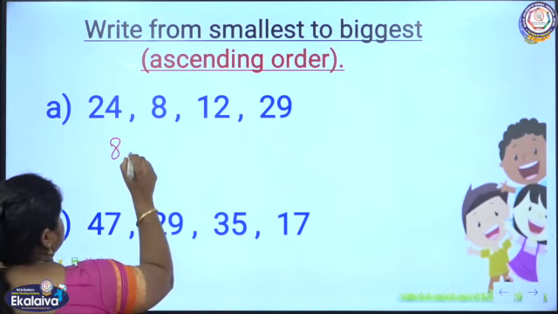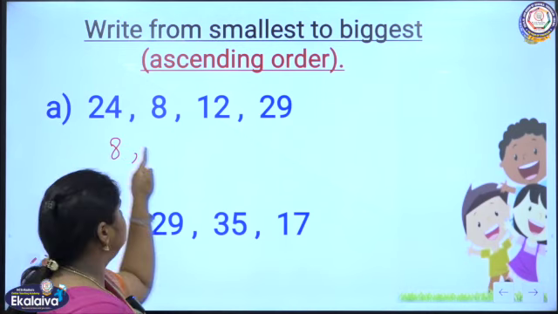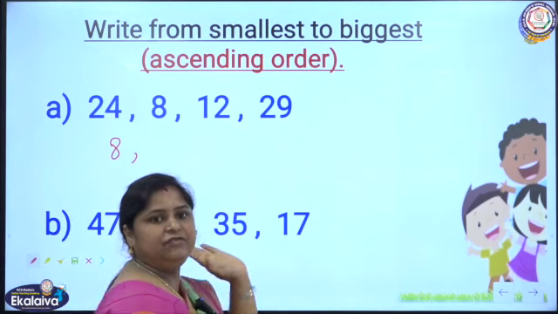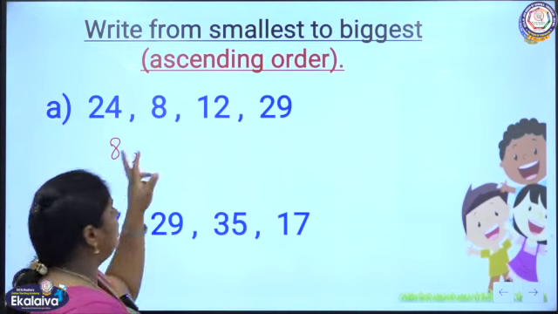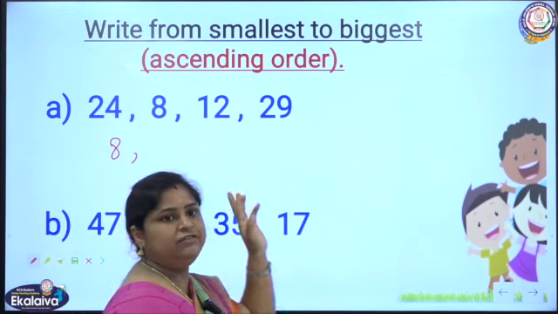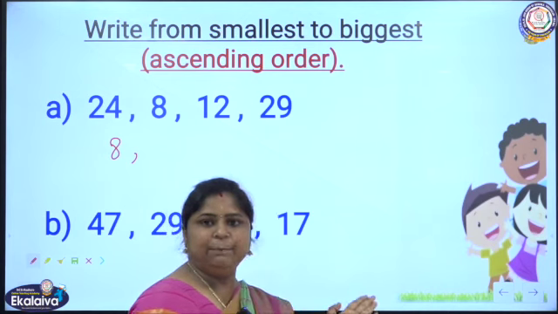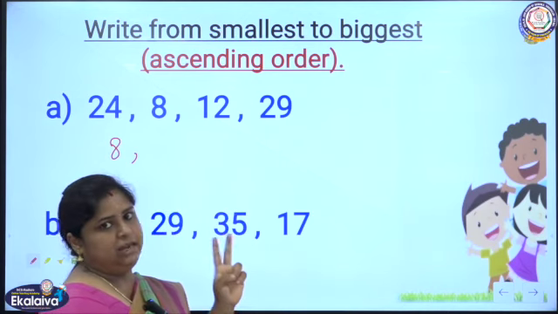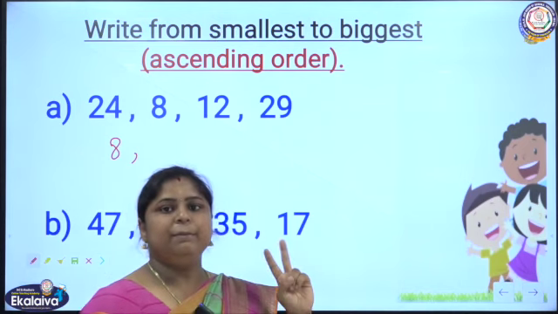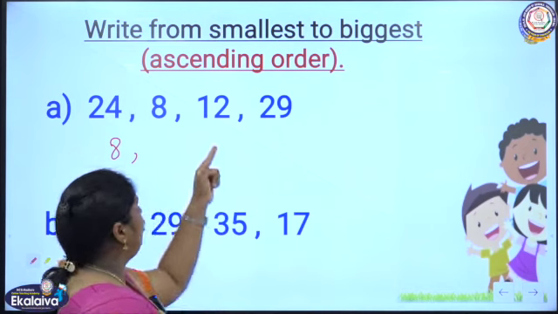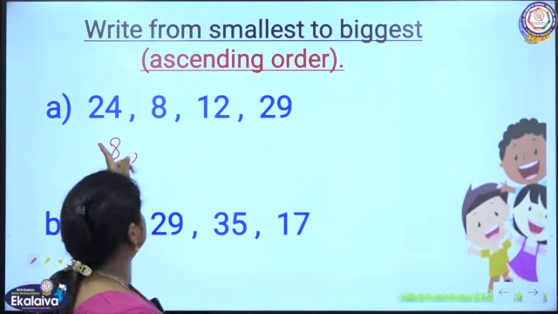Okay, so 8, comma. Now we are going to compare these 3 numbers and find out which is smallest. Now my first trick does not work for these 3 numbers because all the 3 numbers are 2 digit numbers. So I am going to use my second trick. My second trick is I am going to check the tens place value of the numbers.